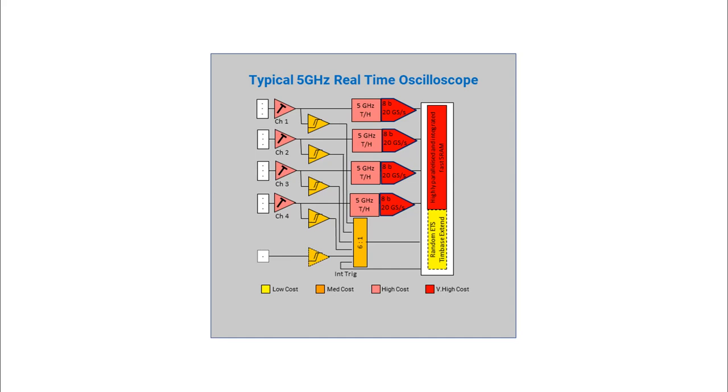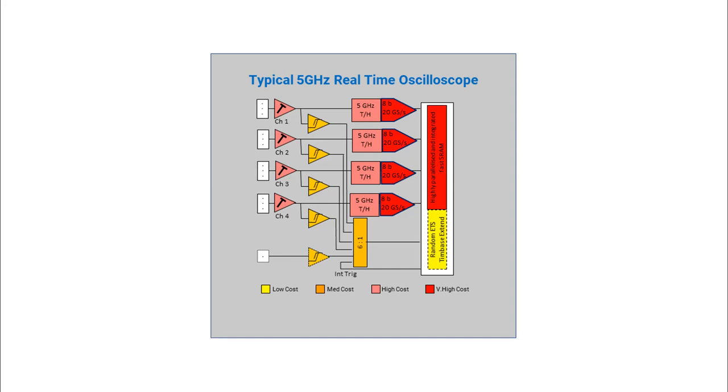The very high data bandwidth that they produce has to be handled by really high-speed data path and high-speed memory, and that can be tremendously expensive. Hence the very red block in the top right there. And to that we must add switched gain amplifiers just before the track and holds and the trigger pickoffs. Those in themselves are relatively high cost. So overall the real-time oscilloscope package is quite significantly more expensive than the SX-RTO.